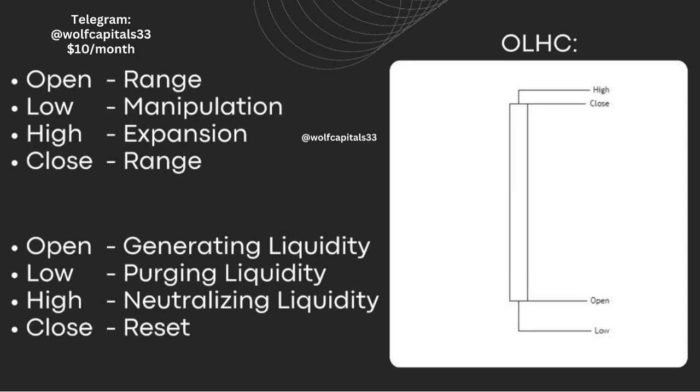That happens in the form of an expansion or distribution in the opposite direction, or in the direction of the higher time frame drawn liquidity. For that neutralizing of liquidity, we expand toward the higher time frame drawn liquidity, and more often than not, we reach the opposing drawn liquidity or higher time frame key level close to the closing time of the candle.